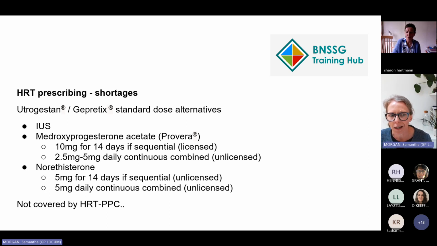Products that aren't licensed for use as part of HRT are not included. And so people were needing to pay an extra charge if they were prescribed norethisterone, for example, for their endometrial protection. But yes, hopefully it's slightly better now because we've got the 2 different micronized progesterones for that group now.